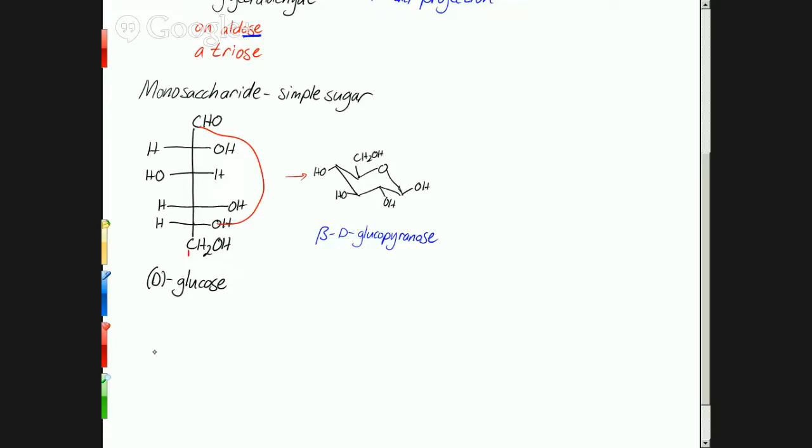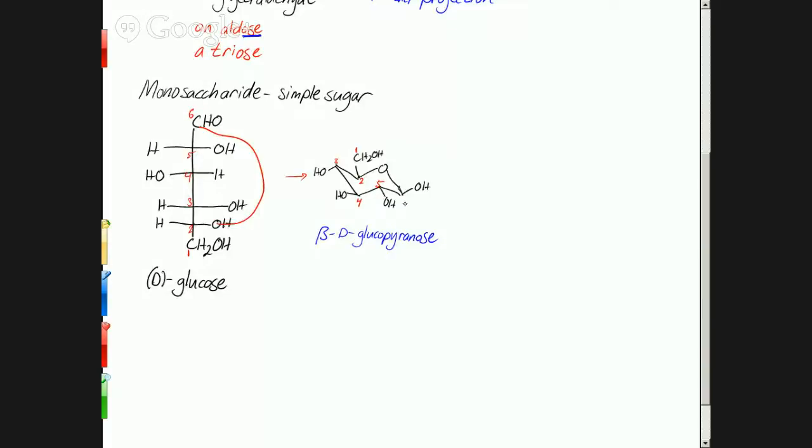That carbon number 1, that CH2OH, is right here. So then this carbon is right here, number 2. Then we'll number up 3, 4, 5, the ones connected to it. So that's 3, 4, and 5.